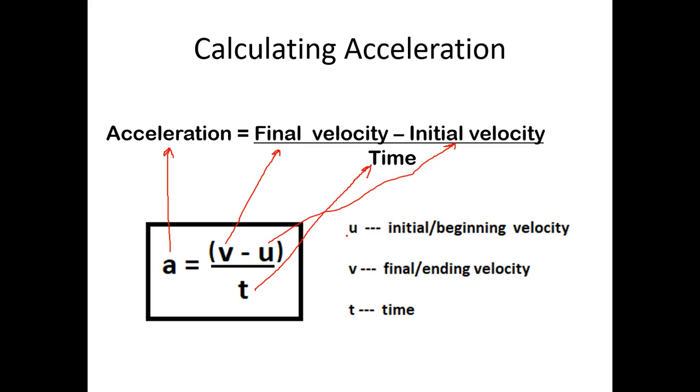And that is also indicated here. So U is the initial, or beginning, velocity, V is the final velocity, and T is simply time. This is the only formula that you need in order to solve for acceleration at this point.